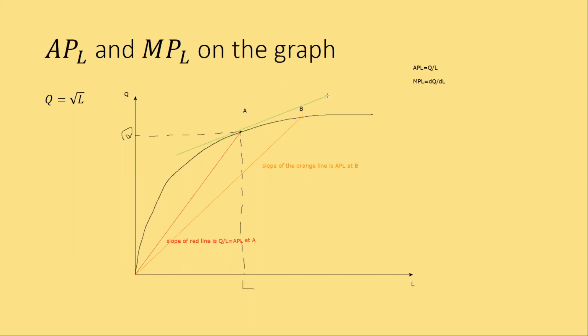So at point A, let's say this green line is tangent to our production function at point A. Then the marginal products of labor at point A is the slope of our green line.